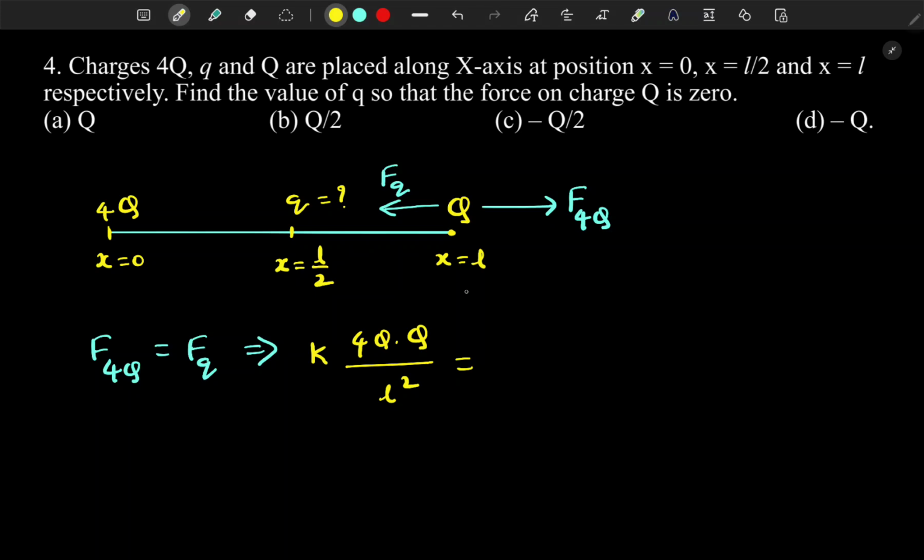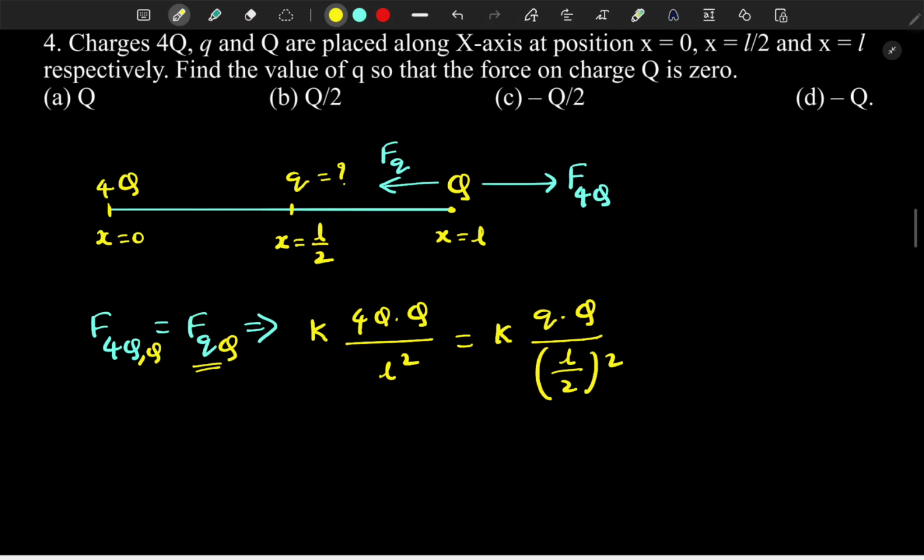This is equal to the force between small q and capital Q, which is k into small q into capital Q divided by the distance between them, L by 2, whole square. Now k gets cancelled, L square gets cancelled, and small q and capital Q get cancelled.